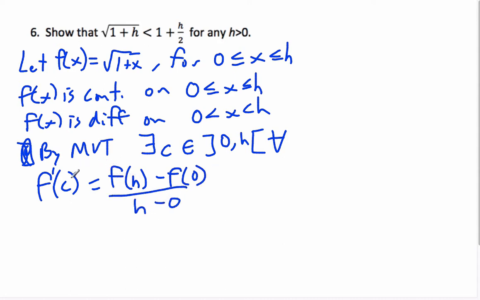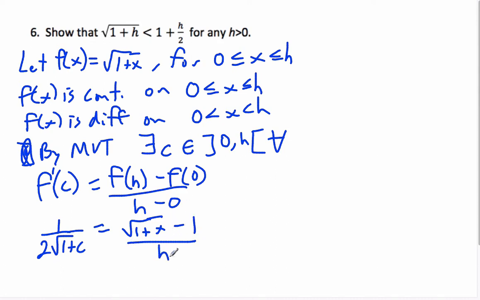Okay, and over here the derivative of this at c is going to be 1 over 2 root 1 plus c. Okay, that equals f of h is going to be root 1 plus h, f of 0 is going to be 1, over h. Okay, so we're getting close to what we want.